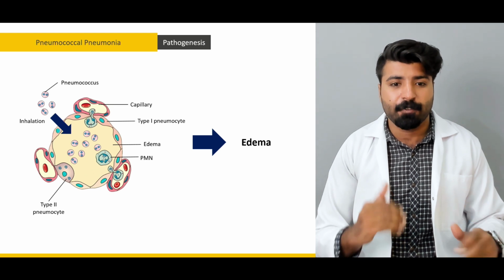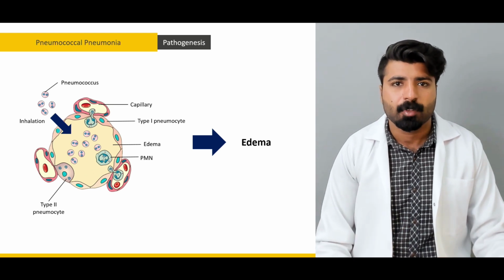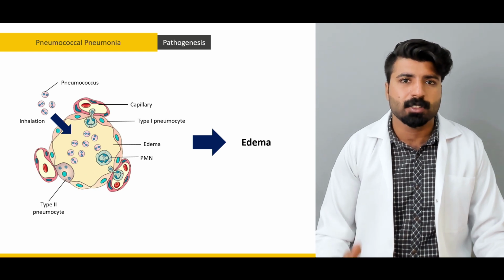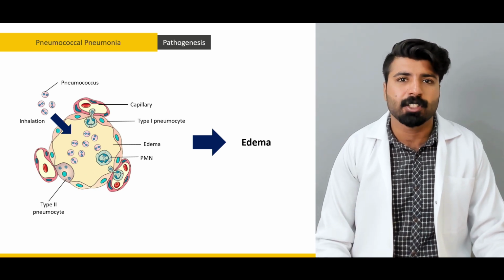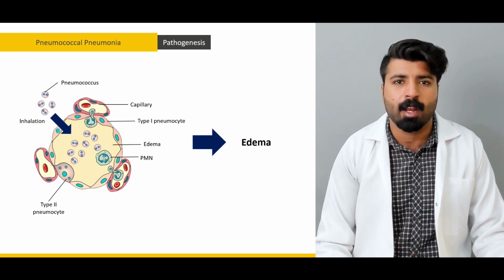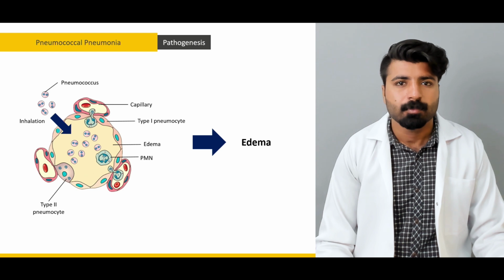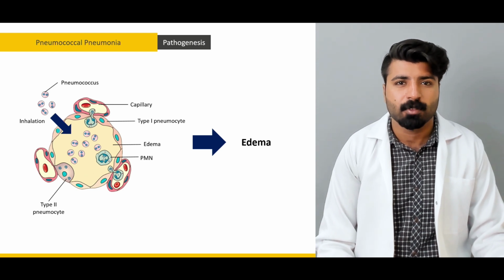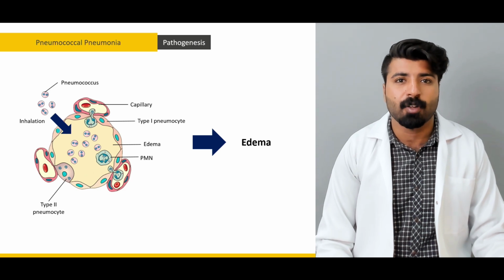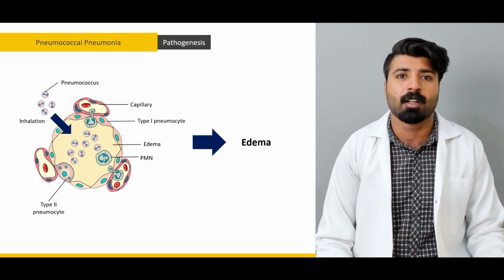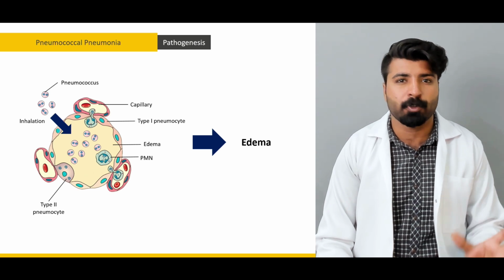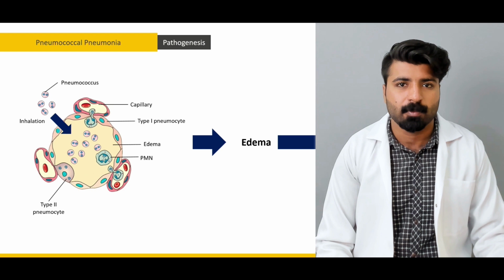The first result will be edema, because a foreign product has caused edema production inside that cell. What will happen when a person is getting edema in an alveoli? That alveoli won't be able to function. And that's how it will attract the attention of all the immune complexes, all the structures inside our body which are supposed to protect us from any foreign substance.